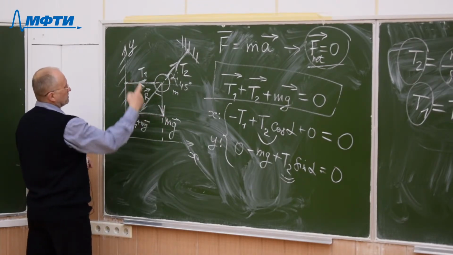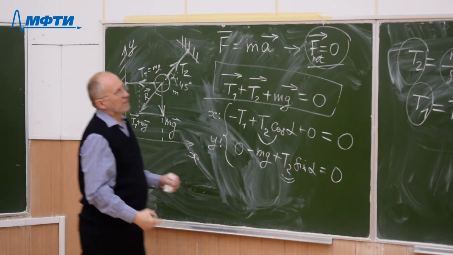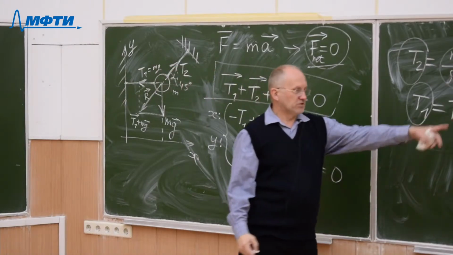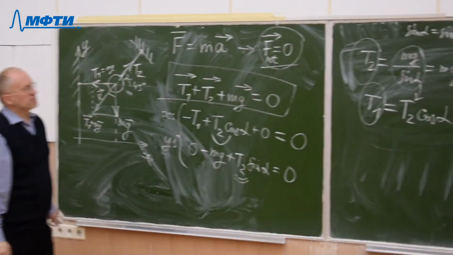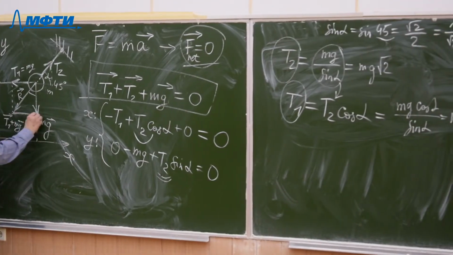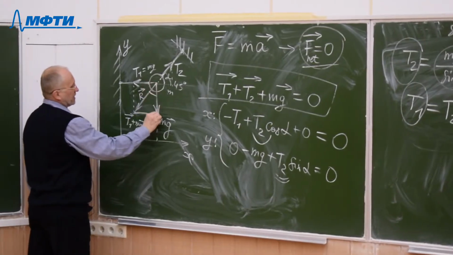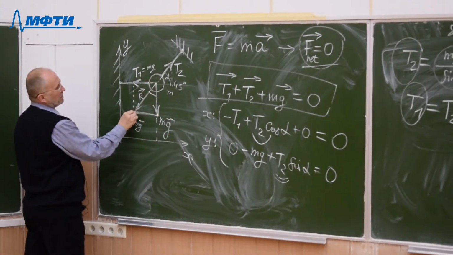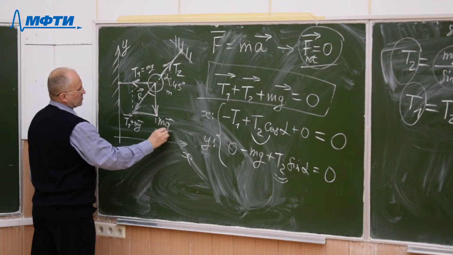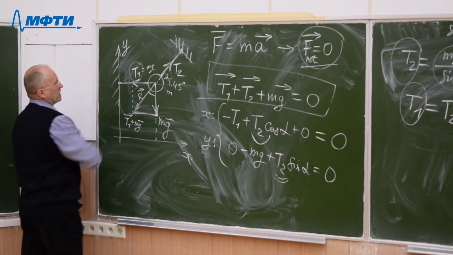So T1 must be equal to mg, geometrically the same as we obtained using algebraic methods. The geometrical method gives you the same, because this angle is 45 degrees, so this leg must be equal to this leg. And if one leg is mg, then the other leg is also mg, and this is just the tension T1.